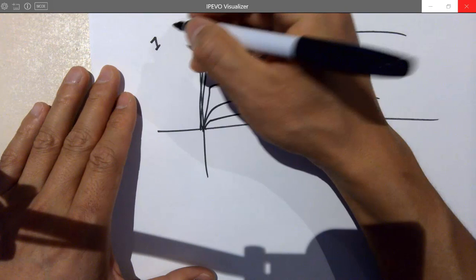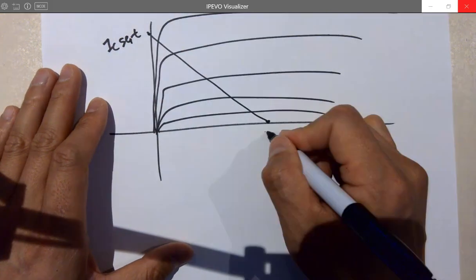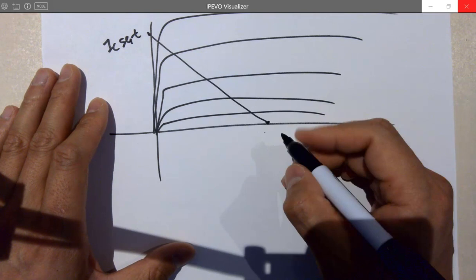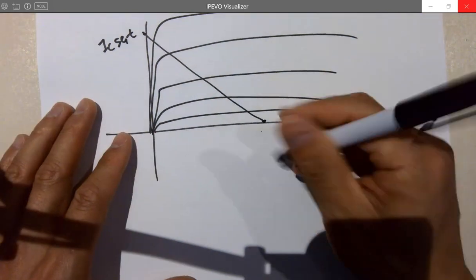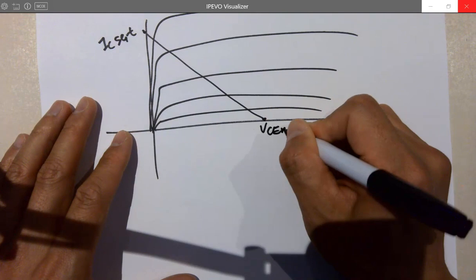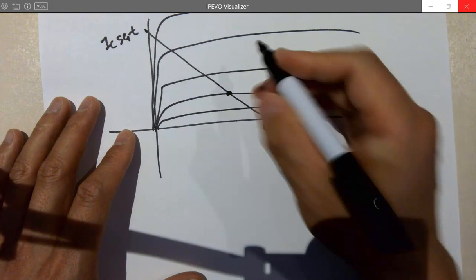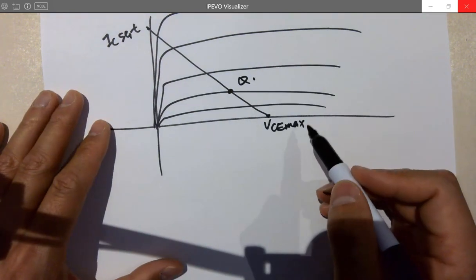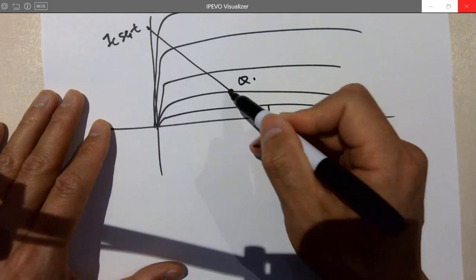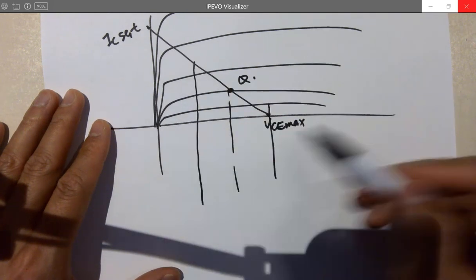It's called IC what? What about this? A VC max or something? I forgot. Just VC max. So if I choose this as a Q point, that's the swing range.